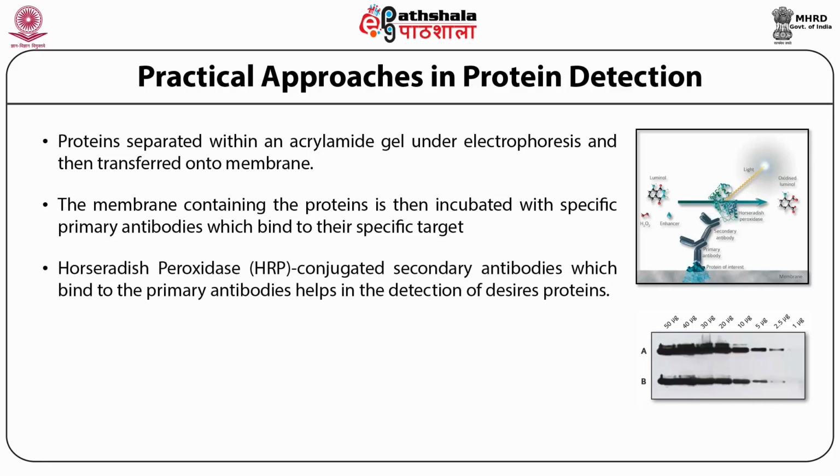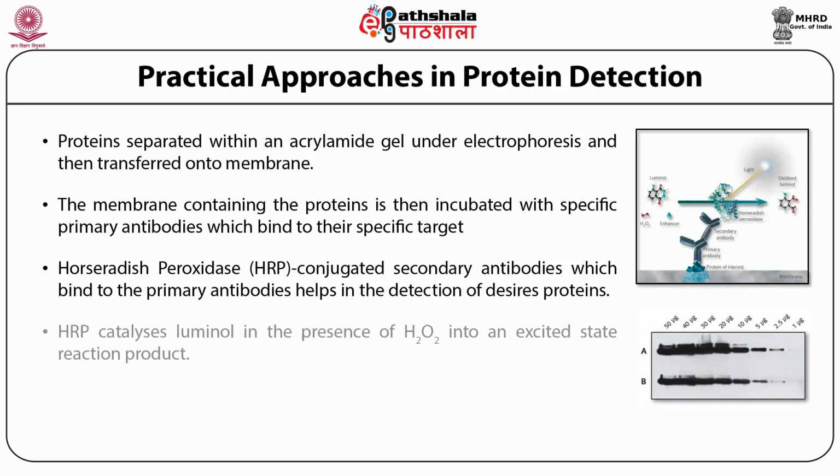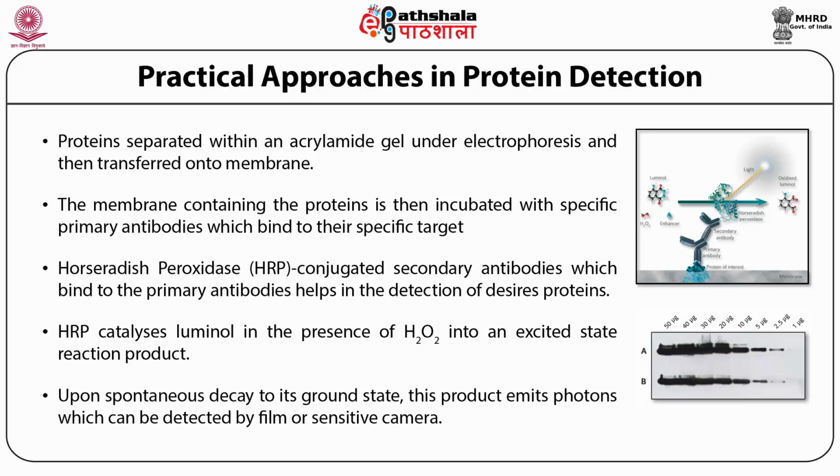Horseradish peroxidase enzyme conjugated secondary antibodies, which bind to the primary antibodies, help in the detection of the desired protein. HRP catalyzes luminol in the presence of hydrogen peroxide into an excited state reaction product, and upon its spontaneous decay to its ground state, this product emits a photon which can be detected by film or a sensitive camera.